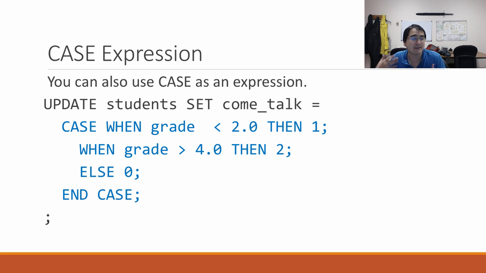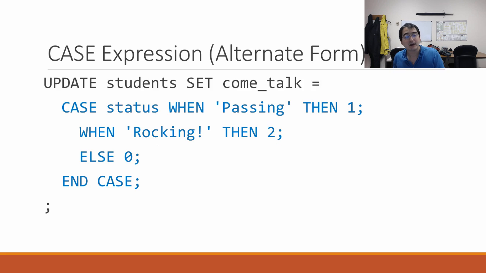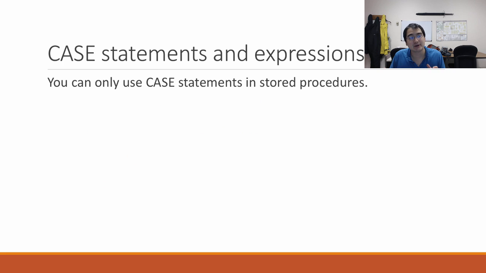But there are times when you have to work in SQL instead. Okay, so just like there's two forms of case statements, there's two forms of case expressions, which is when you say case status when passing, which says, when status equals passing, and is basically the same thing as the example before. Once again, this is a case expression because it's in some larger statement. Okay, so one very important rule is to realize that you can only use case statements in stored procedures.